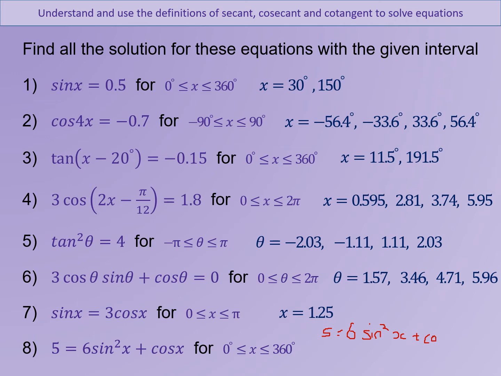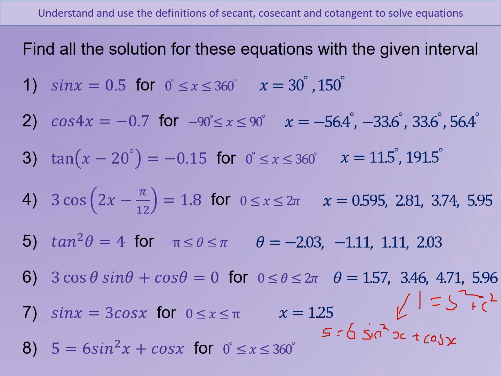Right, so I'm going to have that. Now I know that the sine squared just here, I can use 1 equals sine squared plus cos squared. That's atrocious writing. I do apologise. But 1 equals sine squared plus cos squared. That means if I rearrange this though, I can change sine squared to 1 minus cos squared.